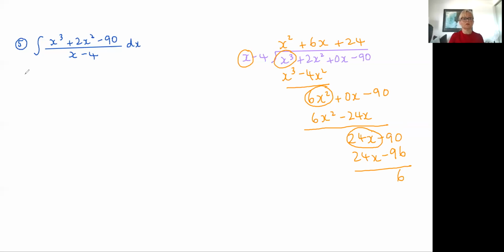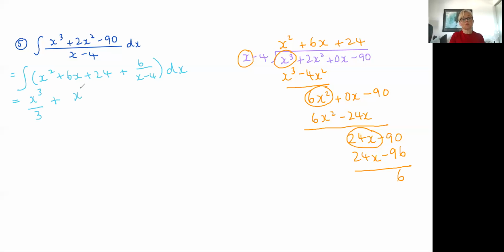So over here, what we've really got is x squared plus 6x plus 24 plus our 6 over x minus 4. Now we can do our usual thing, increase the index by 1 and divide by the new index.